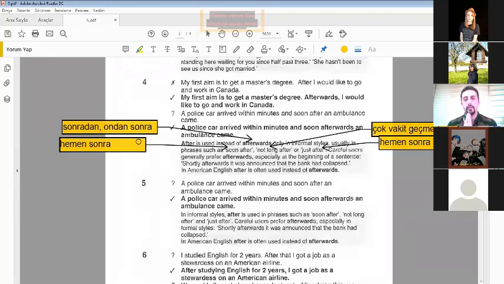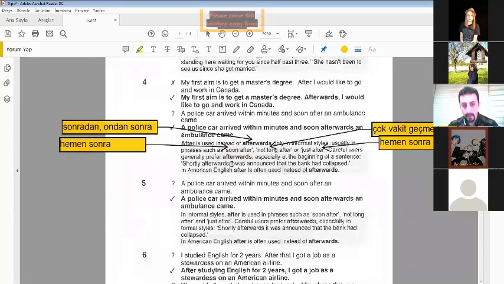But in formal situations, like writing, like speaking with other people, you have to use afterwards. Usually in phrases such as soon after, not long after, or just after. Careful users generally prefer afterwards. So afterwards is the best word to use here, not after. Especially at the beginning of a sentence.